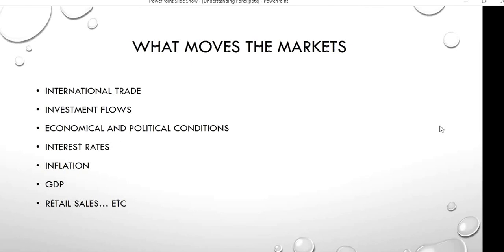If you're looking at South Africa, on the other hand, those economic and political conditions are really bad at the moment, and it's making the country's economy and currency go down really badly. Interest rates are also another factor.